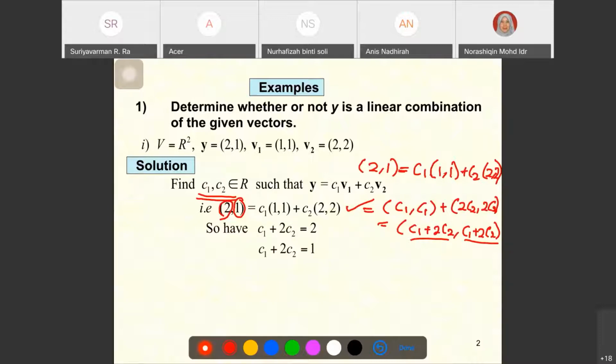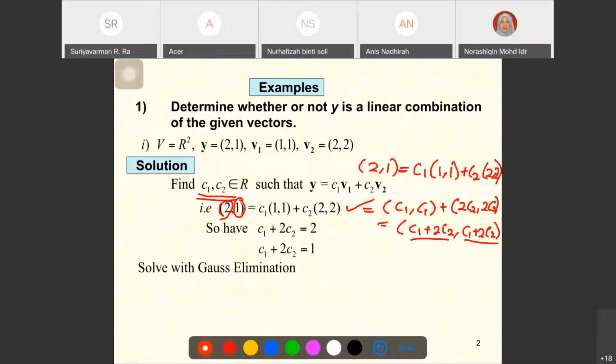We use simultaneous equations. Since we are in a linear algebra course, we use Gauss elimination. But this is just 2 by 2, so it's easy to use whatever method you want.